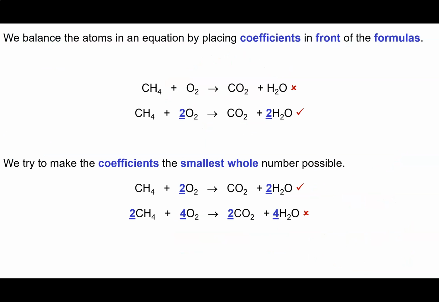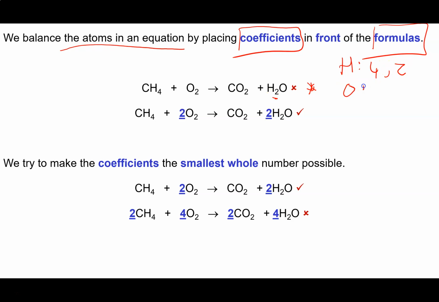So how we balance the atoms in a chemical equation is by adding one or more coefficients in front of some of the formulas. So all we do, so this equation here is not balanced, and I can show you why. The hydrogens there, we have 4 on the left and we have only 2 on the right.